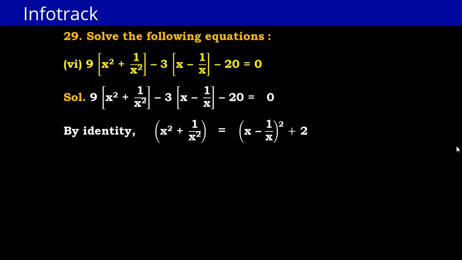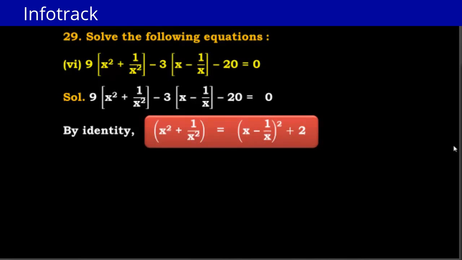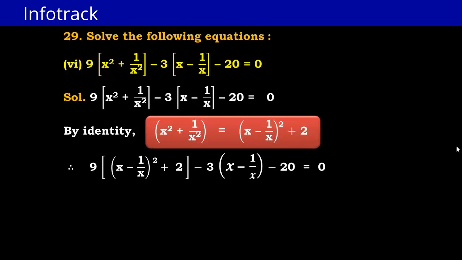Now see, we can use this identity. That means instead of x square plus 1 upon x square we can substitute (x minus 1 upon x) the whole square plus 2. So we get 9 into ((x minus 1 upon x) the whole square plus 2) minus 3 into (x minus 1 upon x) minus 20 is equal to 0. So let x minus 1 upon x be equal to m.